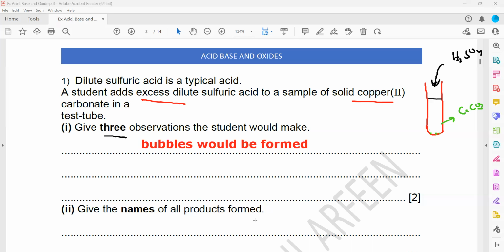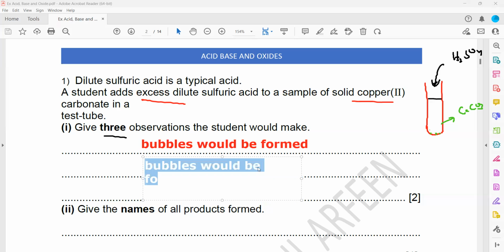If too much acid is there, the solid will disappear. So second point, the solid disappears, or all the metal carbonate dissolves.